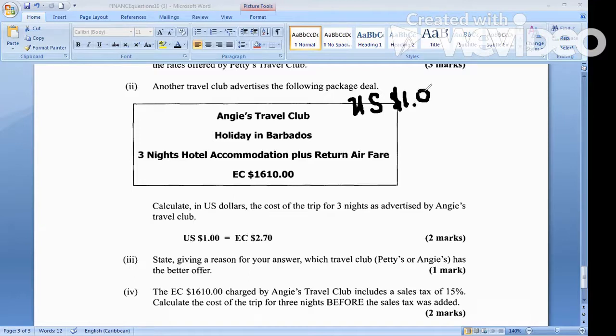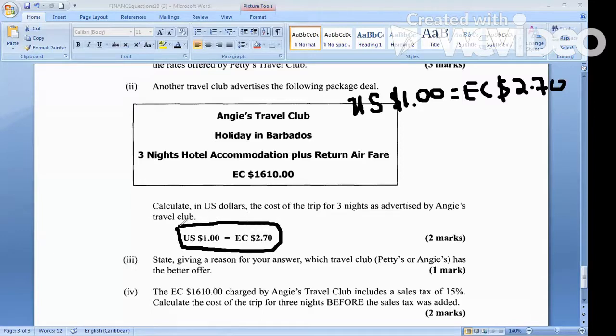Tell me what did you do? US $1 and US X. So this is X. What is this called? If you go to the bank, what's the proper name? Exchange rate, sir. The exchange rate is given, right?